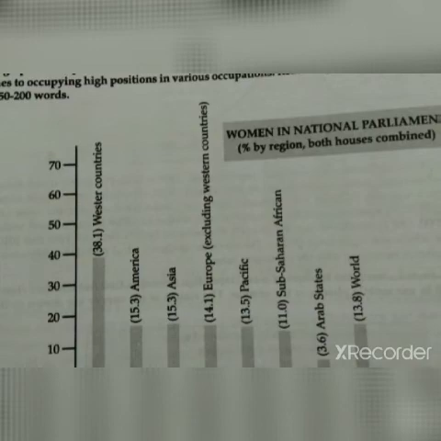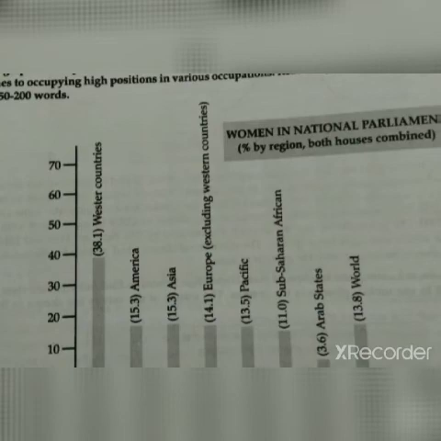Give the heading Women in National Parliament. So you can write this way. The bar graph clearly illustrates that even in the 21st century, the status of women is not equal to that of men when it comes to occupying high positions in various occupations.